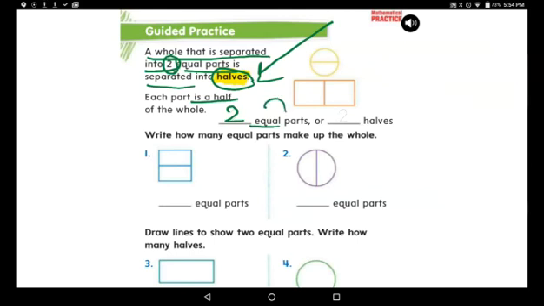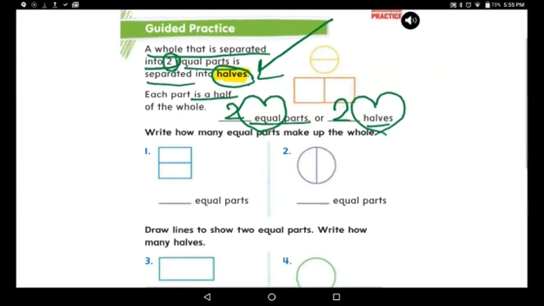Put a big heart on equal. It should be equal, okay? Two equal parts, or we can say two halves. If it is equal, it's gonna be halves. Great job.